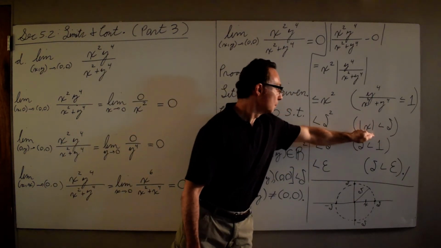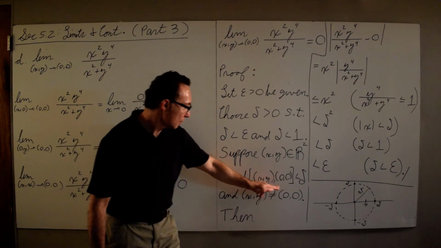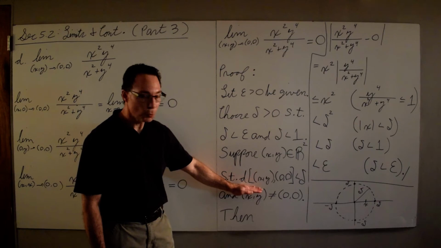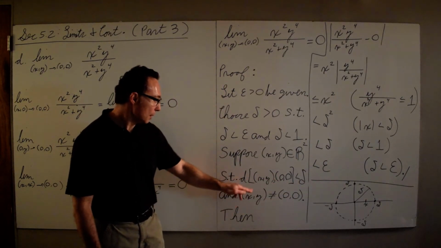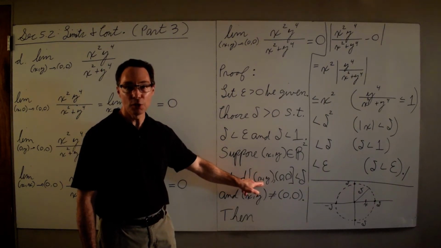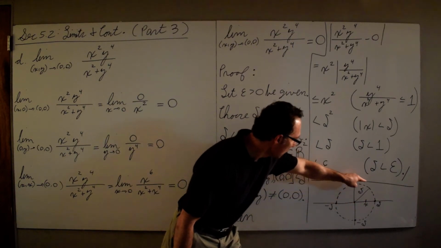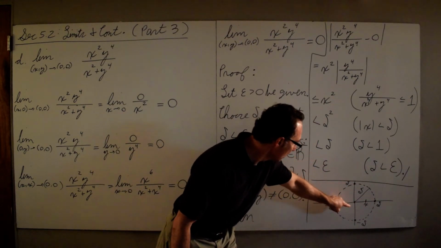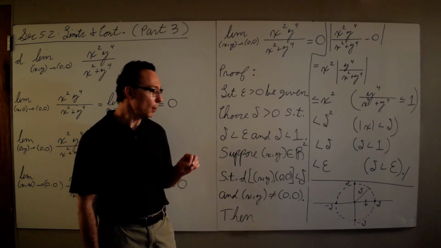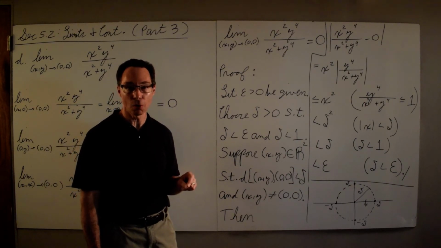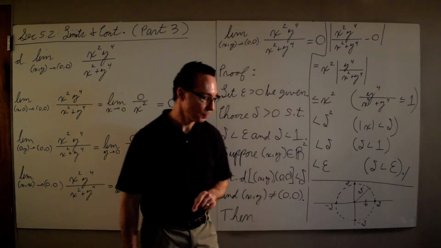Why is this true? What does this mean? This thing right here: the distance between (x,y) and the origin less than delta means that the point (x,y) is in the interior of the circle centered at (0,0) of radius delta, which I've drawn right here. The point (x,y) is inside that circle, but not (0,0). So (x,y) lives in here somewhere.